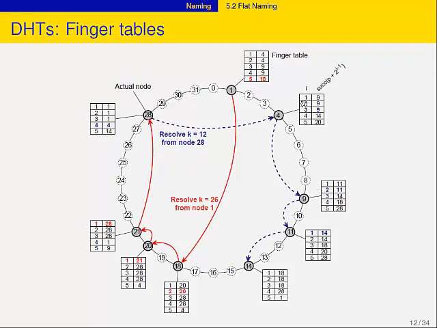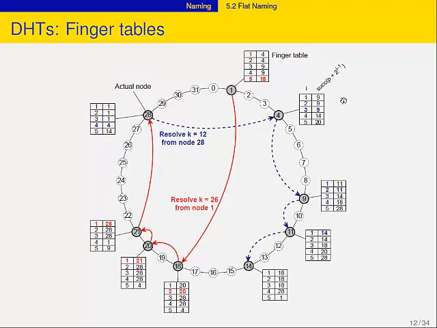I take a look at the node who is responsible for the successor of 4 plus 2 to the power 2 minus 1. 4 plus 2 is 6. That's 9 again. Got it? The same thing for the last one. Who's responsible for the successor of 4, plus 2 to the power 4 minus 1, that's 3, so 4 plus 8 is 12.